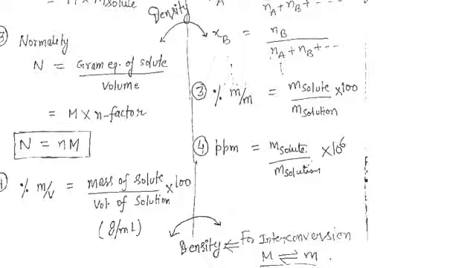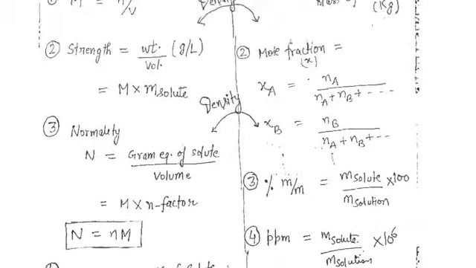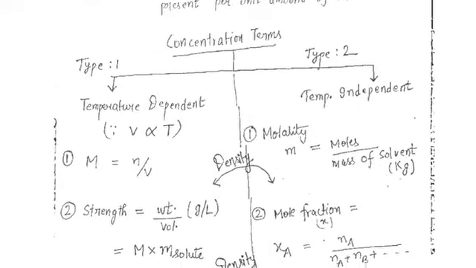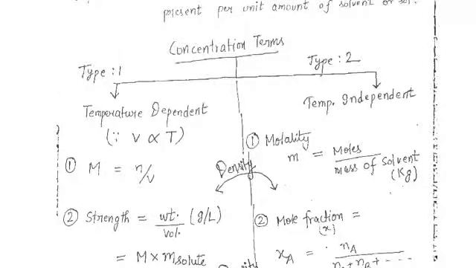Okay. Now the important thing that comes into role is, if there are questions where molarity is given and mole fraction is being asked, how will you deal with such kind of questions, because there is no direct correlation among them?